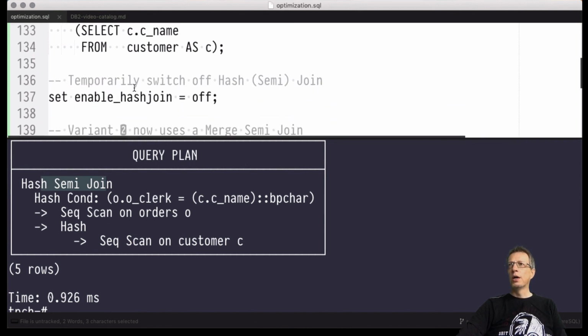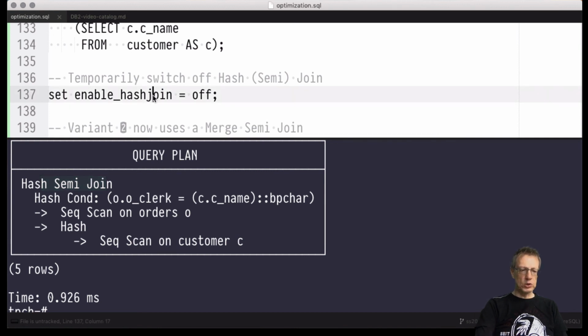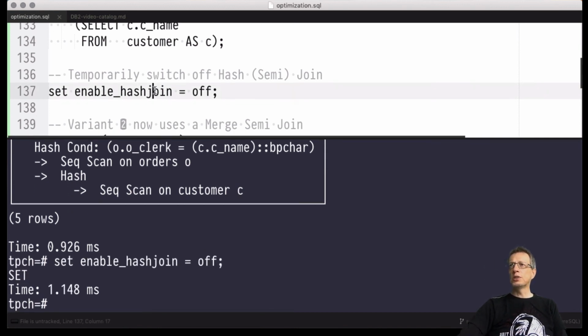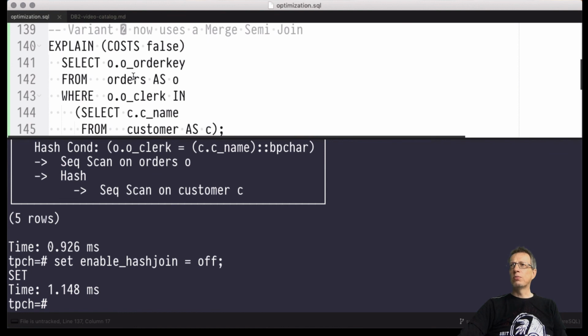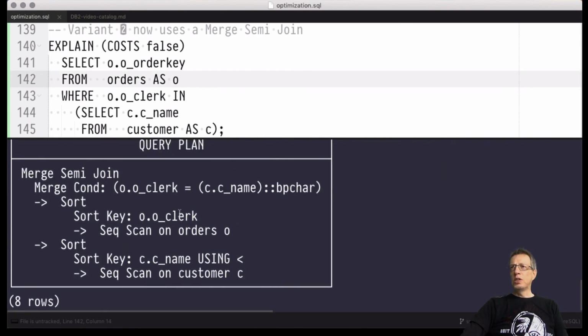This is indeed the case for the hash semi-join, but even if I switch off hash joins in the system and then pose the very same query again, you will see that the system still knows that the semi-join semantics are needed in this particular query. If hash join is not available, then let's use a merge join, but use the merge semi-join variant.